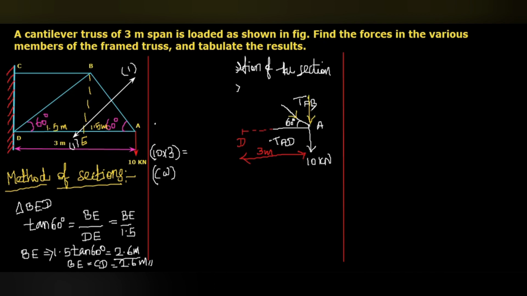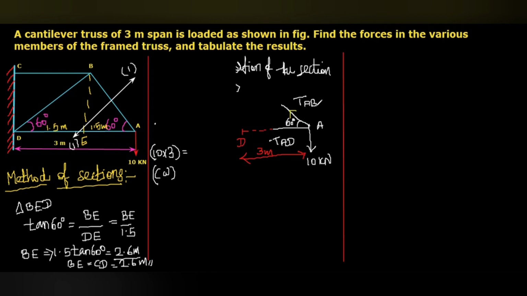This is only for understanding purposes, I just explain both possibilities. So this will be clockwise, and that cannot cancel this clockwise moment. If you want to balance the clockwise moment, you need a counterclockwise moment. So it will not act in this direction. It should act outwards from the point A.